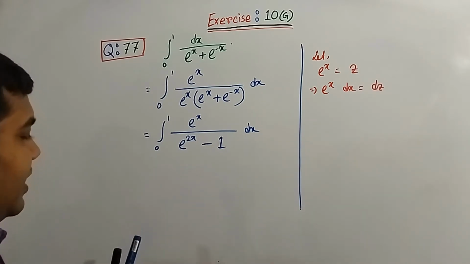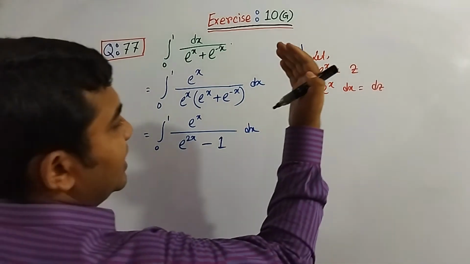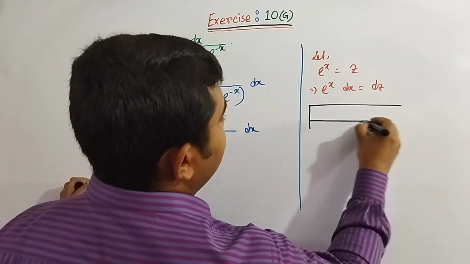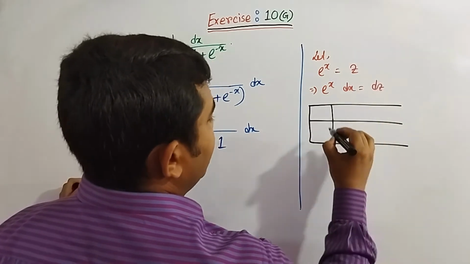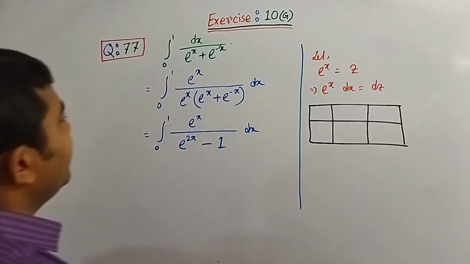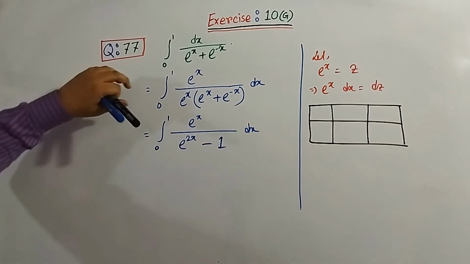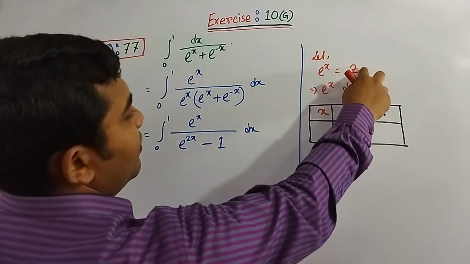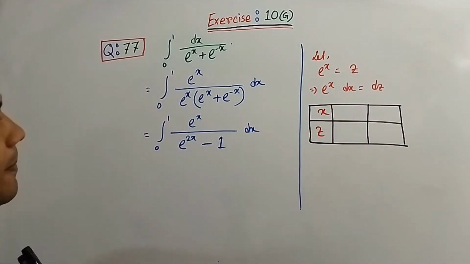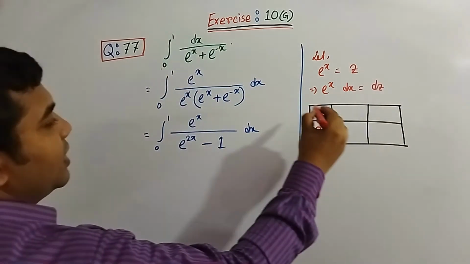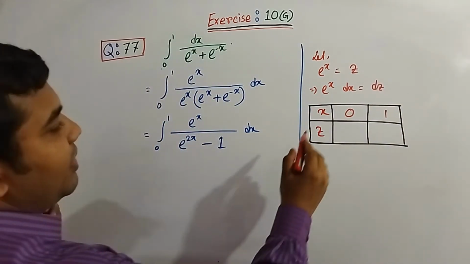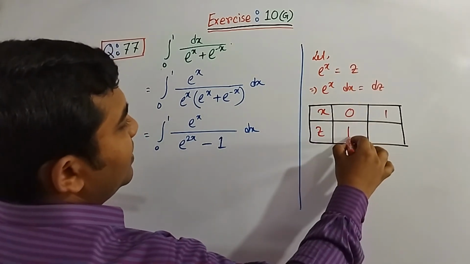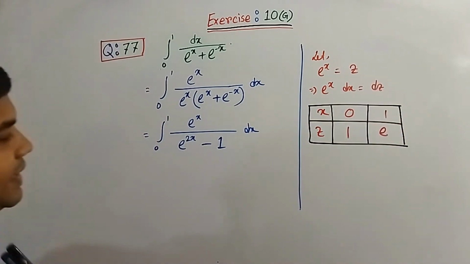We all know that when this type of substitution comes, we have to change the limits again. Given the limit is x, and it has been converted into z, so we get the values for z. The value of x was 0 to 1; if we put x is 0, then e to the power 0 is 1, and e to the power 1 is e.